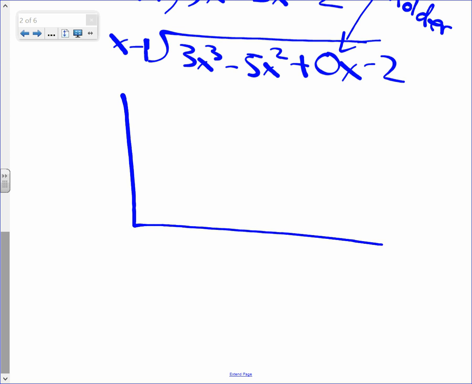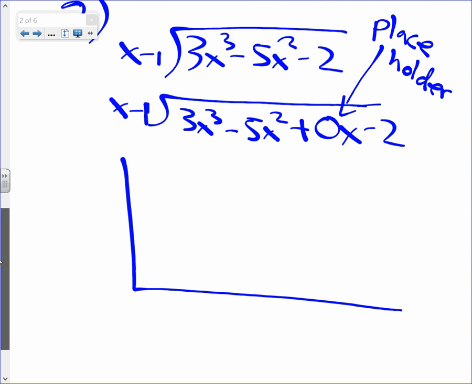Synthetic division time. We'll make the brace. Coefficients are 3, -5, 0, and -2. Notice that. K value is 1. Beautiful.